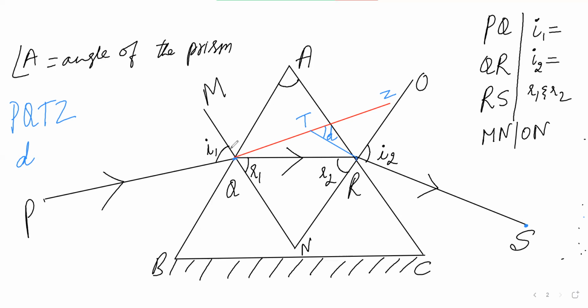And here we have to observe, normal is always perpendicular to the surface, making 90° here. Clear? You can add here. MQN is the normal, ORN is the normal, these are the two normals drawn on the surfaces AB and AC.